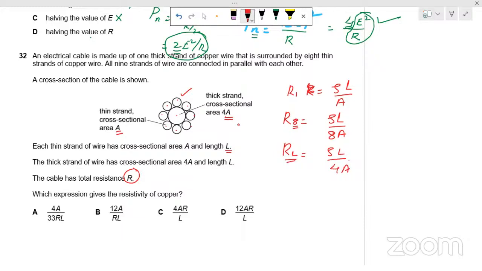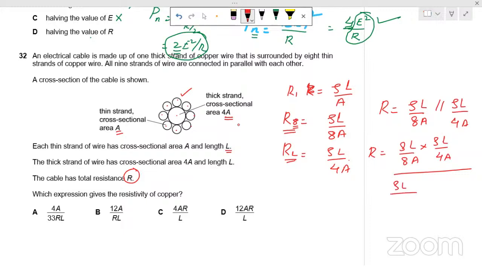Now this resistance and that resistance are also in parallel. So the total resistance will be rho L by 8A in parallel with rho L by 4A, that is product over sum: rho L by 8A times rho L by 4A, divided by rho L by 8A plus rho L by 4A.